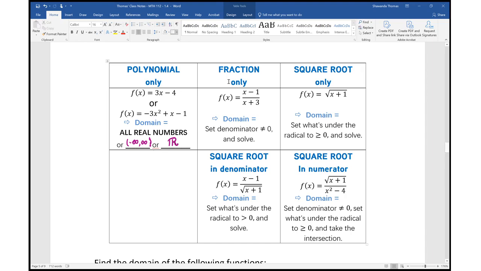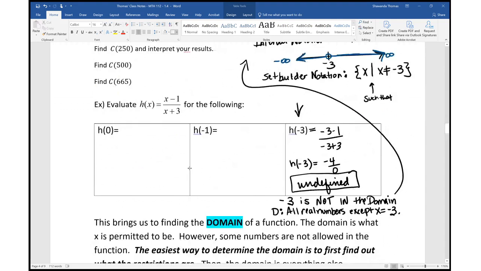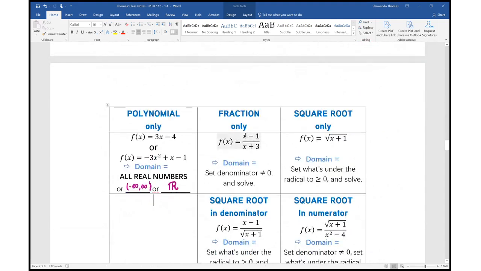All right, next, you have a situation where you have a fraction only, x minus 1 over x plus 3. So here's the same situation as before. In order to figure out what's not in the domain, the instructions, and I put the instructions here under domain, are to set the denominator to not equal 0 and solve.